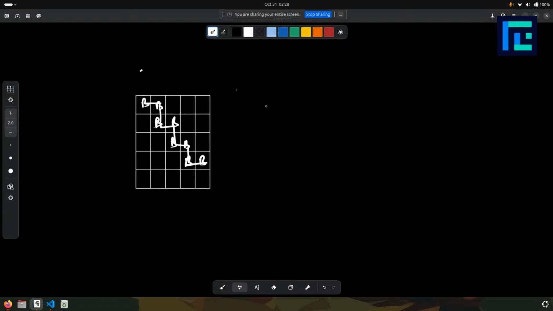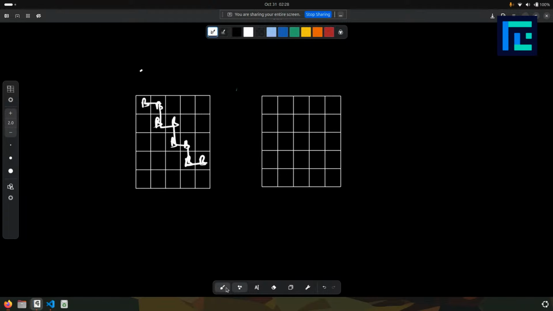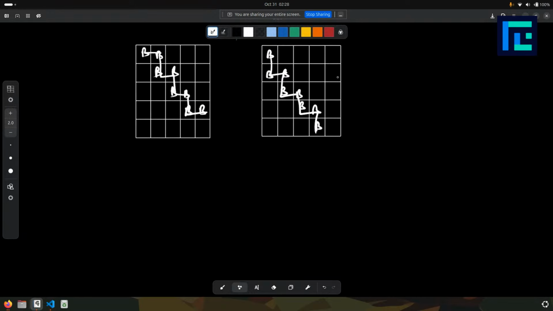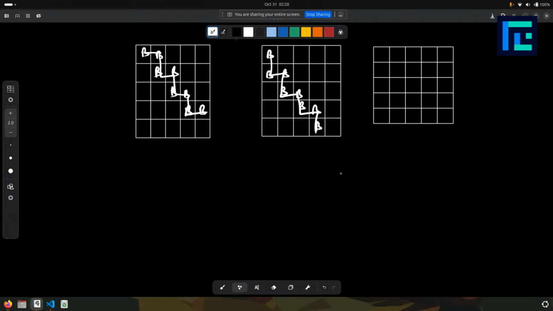And if we had followed this path, we would have colored like this. So basically, is there any other way to color these two cells?